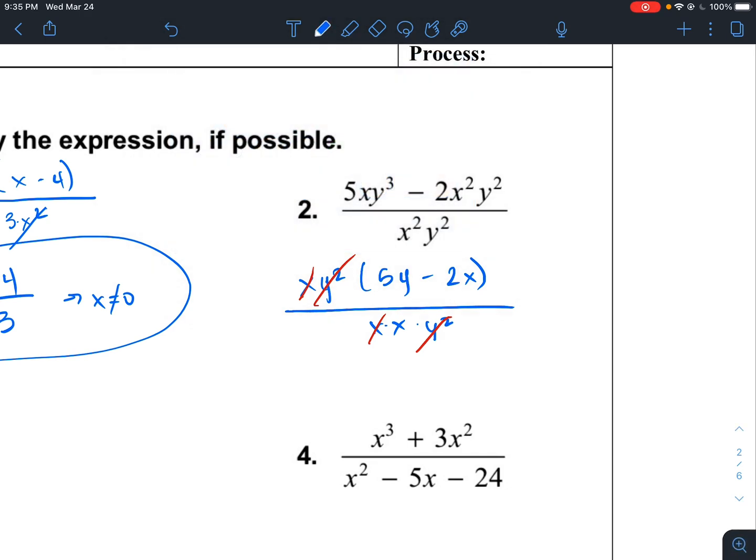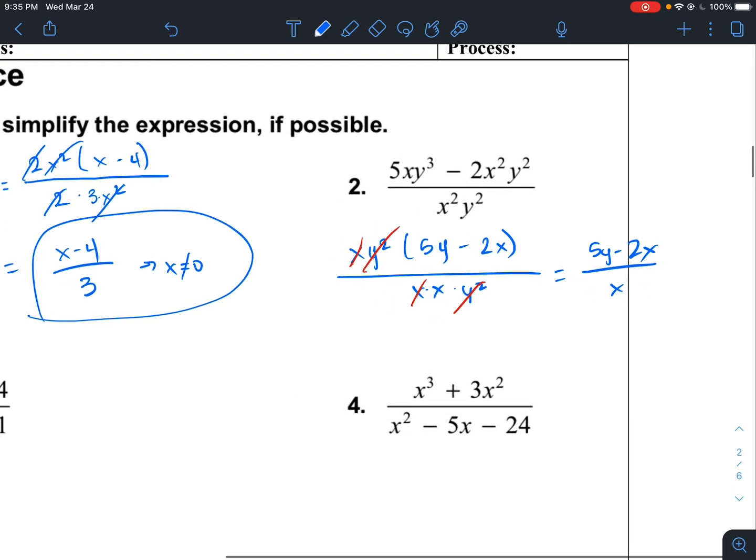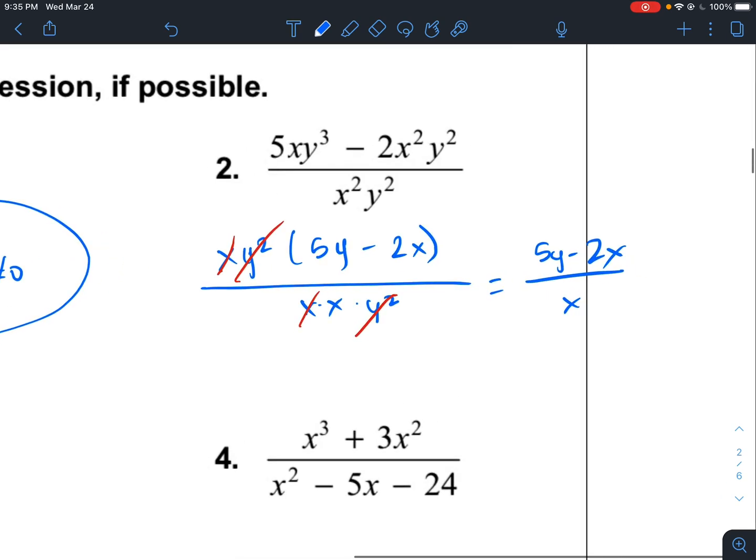So this would just simplify to be 5y minus 2x over x. And as the domain restriction, y and x cannot equal 0. So those are the variables. So x, y cannot equal 0.